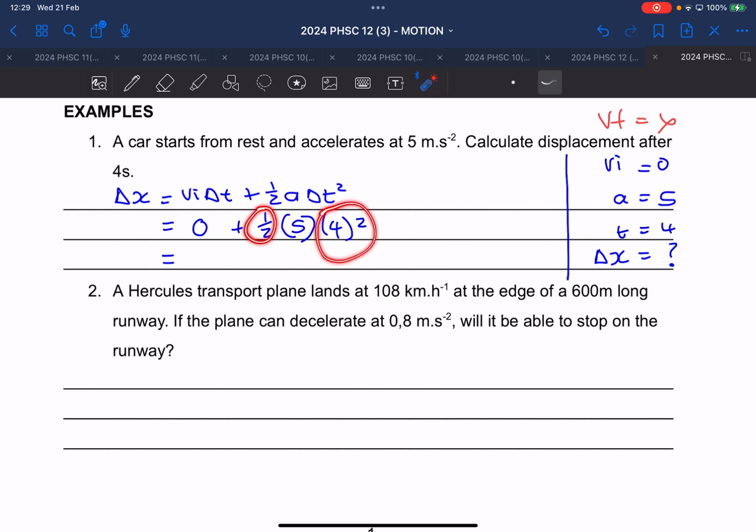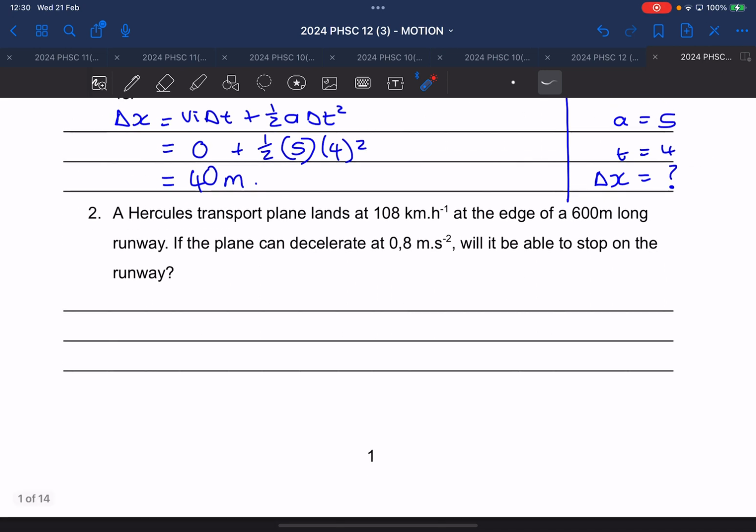Times a half is? 16 times a half. 16 divided by 2. 8 times 5. 40 meters. No, because it's distance or displacement. Displacement is meters. Velocity is meters per second.